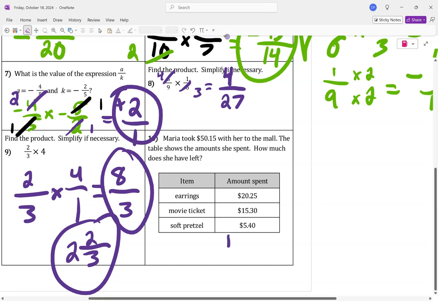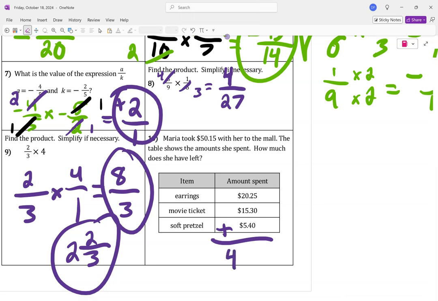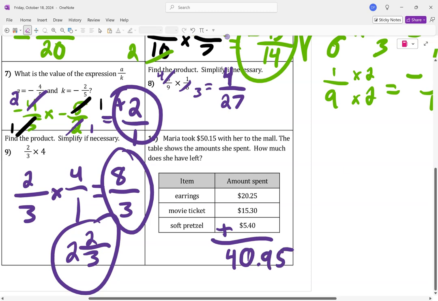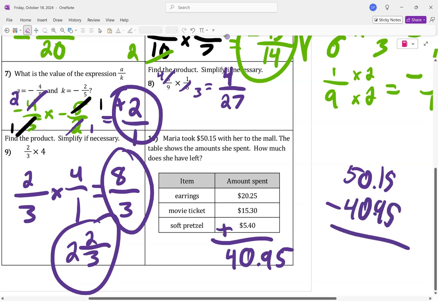Well, we're gonna add up all these amounts, and that makes $40.95. Because I already have this down, $50.15. We're gonna subtract $40.95, and we get $9.20. All right, cool.